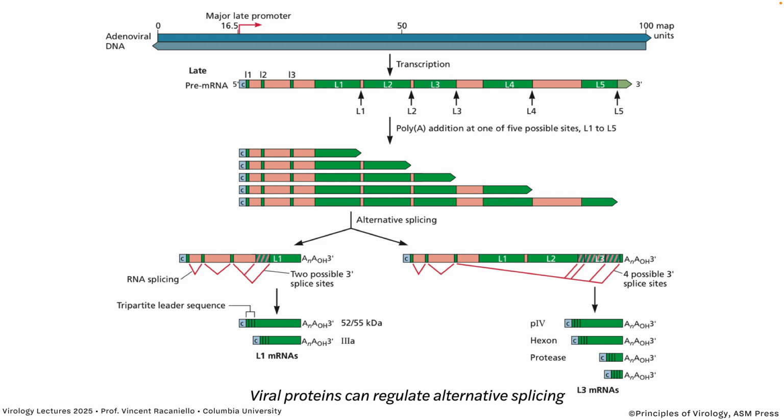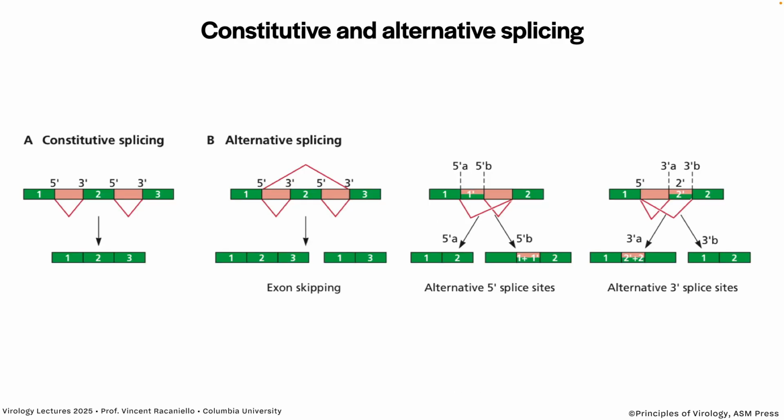Beyond this expanded genome, there are examples of viral proteins that will regulate splicing. Sometimes you can have constitutive splicing, and in other situations, alternative splicing regulated by viral proteins. So this really enormously expands what you can have in a viral genome.